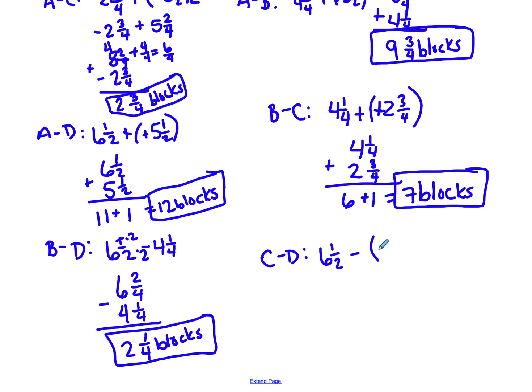So 6 1/2 minus our -2 3/4. Again, we're finding distances on the number line here. Boom, change to addition. Boom, change the sign. I do need a common denominator. So I have 6 2/4 plus 2 3/4.